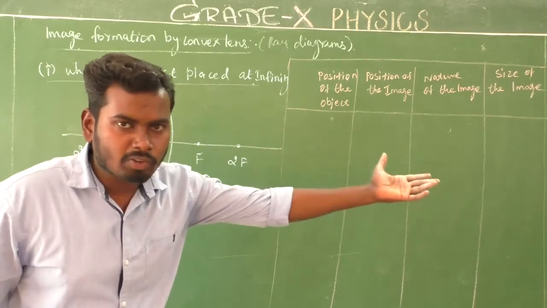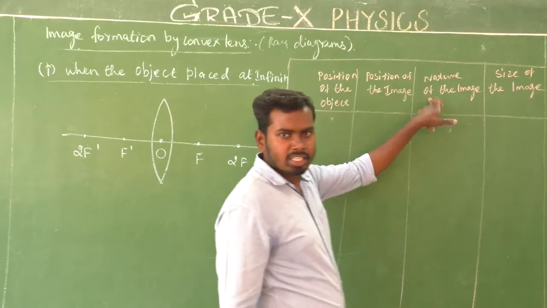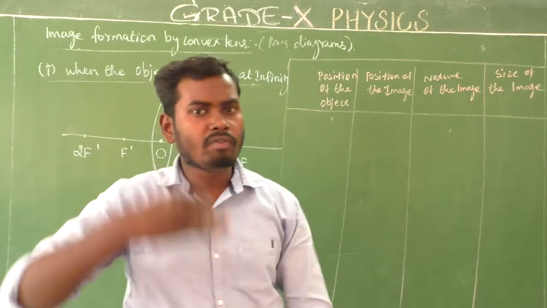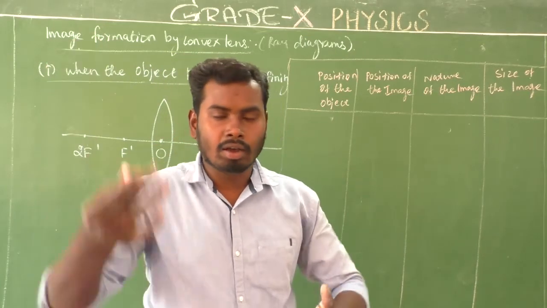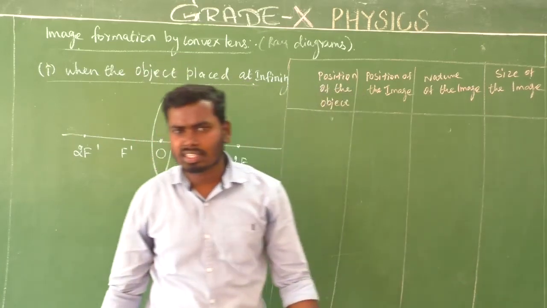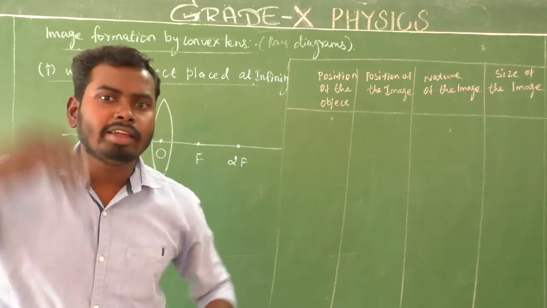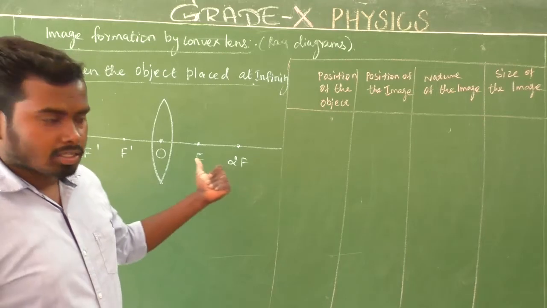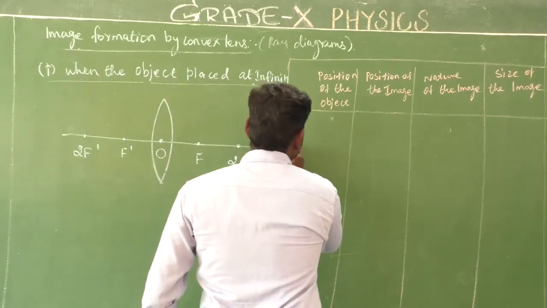Next, the nature of the image: whether it is a real image or a virtual image. Next, size: whether it is smaller than the object size or larger than the object size. Next we will see one by one.